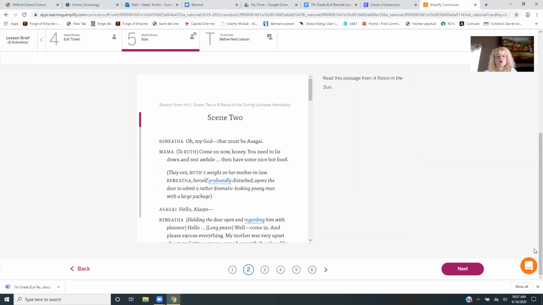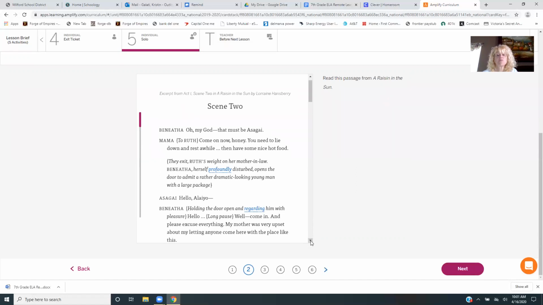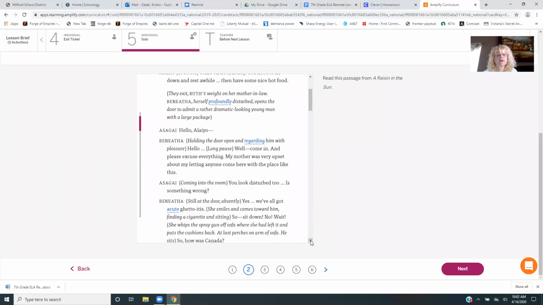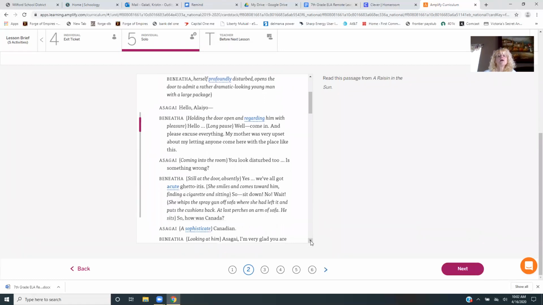Mama says to Ruth, "Come on now, honey. You need to lie down and rest a while, then have some nice hot food." Ruth and Mama exit, Ruth's weight on her mother-in-law. Beneatha, herself profoundly disturbed, opens the door to admit a rather dramatic-looking young man with a large package. "Hello, Alaiyo," Asagai says.